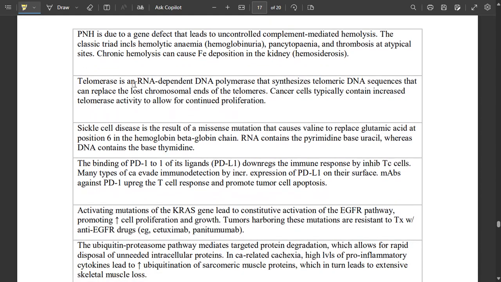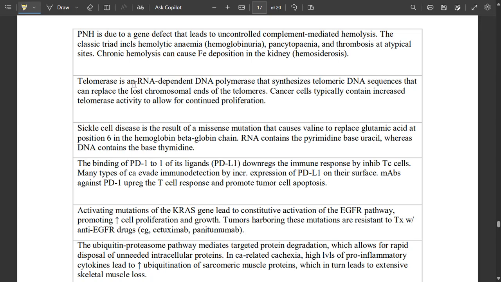All right. Now, what's telomerase? Telomerase is one of the very fascinating scientific breakthroughs or discoveries. Telomerase is an RNA-dependent DNA polymerase. So it's a DNA polymerase which depends on RNA, that synthesizes telomeric DNA sequence that can replace the lost chromosomal ends, the telomeres.